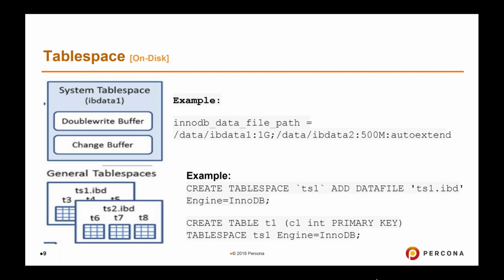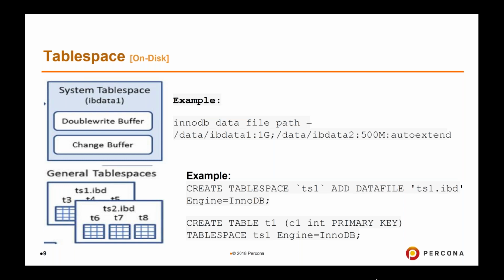The double write buffer is the area on disk making sure that if any crash happens and MySQL is unable to find a good copy of a page, the double write buffer will provide the good copy of the page for that particular table. So it helps keep the data consistent and of good quality.